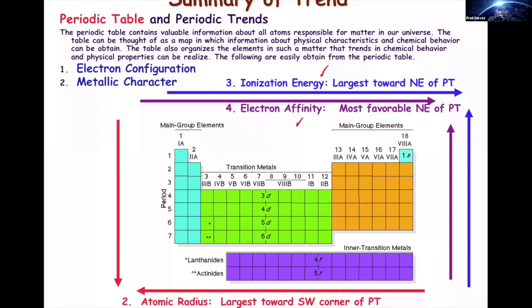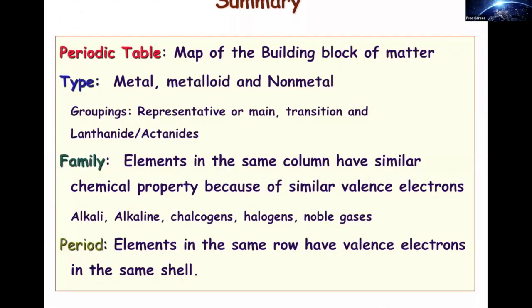In terms of atomic radius, the smallest ones are to the top, the biggest ones are towards the bottom. In terms of metallic character, which is the degree by which the electrons are removed, metallic character and ionization energy actually go hand in hand. The greater the metallic character, the lower the ionization energy. Okay, so that is a summary of the elements in the periodic table.